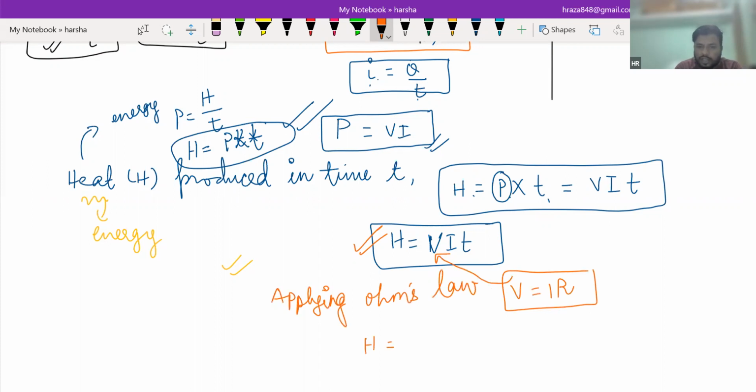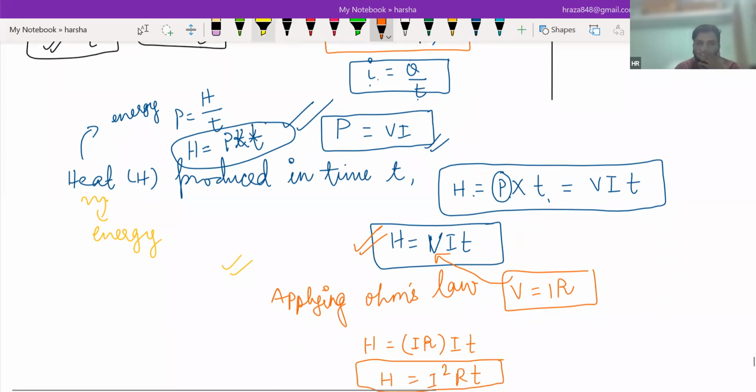So H is equal to, at the place of V, I'm writing IR into I into T. So H is equal to I into I, that will be I square R into T. So heating effect of electric current has two formulas. The first one is H is equal to VIT, and the other formula is H is equal to I square RT. These formulas are very important.